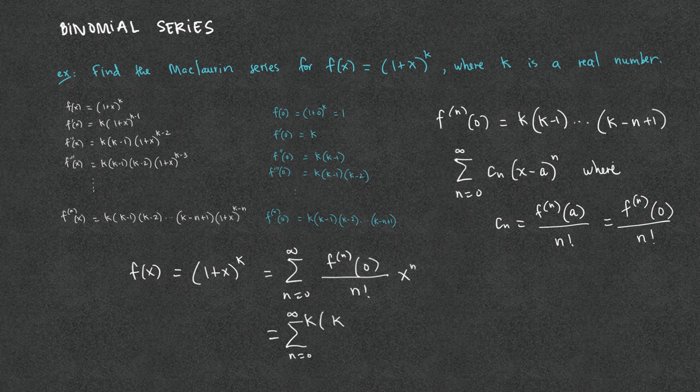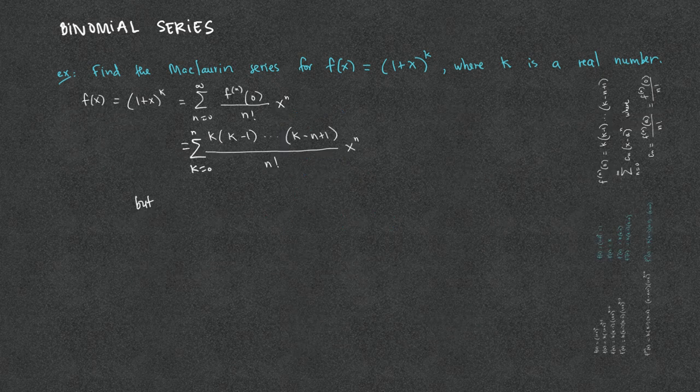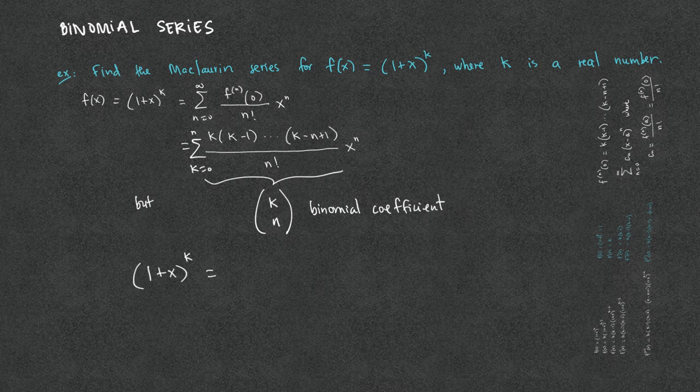But the coefficients are k times k minus 1 times all the way to k minus n plus 1 over n factorial, and then x to the n. But this coefficient is k choose n, which is a binomial coefficient. The function 1 plus x to the k is the sum of k choose n as the coefficient times x to the n.